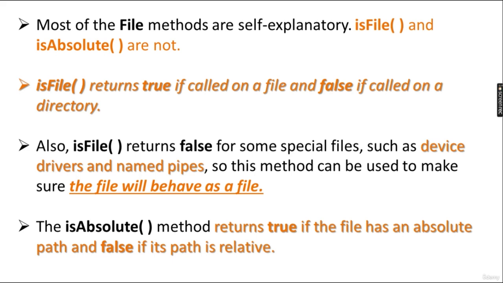Starting with the D drive, /ABC, /XYZ, up to whatever number of directories there are, after that xyz.java file exists. This is the absolute path from start to end.